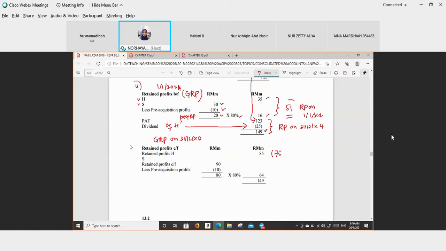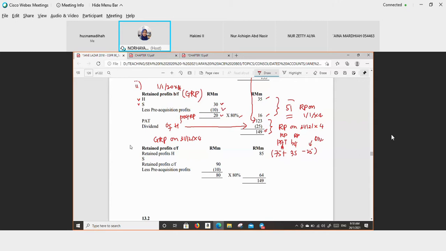So if you want to know this 75,000, profit for the year plus 35, this 35 is the profit for the year of H and what? Minus, yes, sorry, the brought forward. Retained profit of H, profit for the year, and then retained profit, and then you minus 25, the dividend. But you can keep it simple, I'm just telling you.